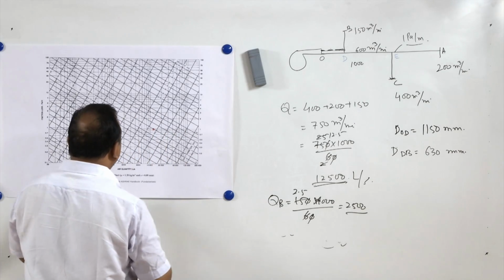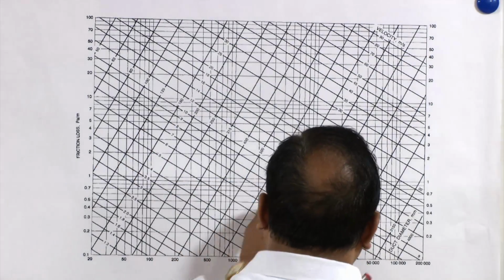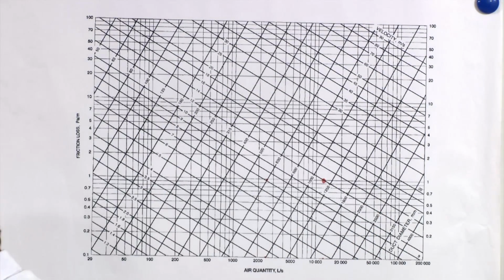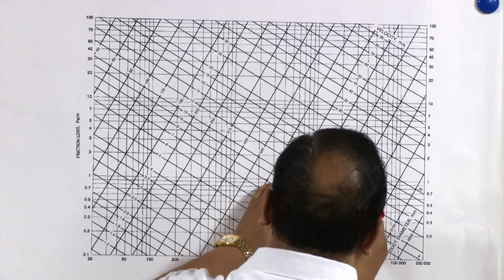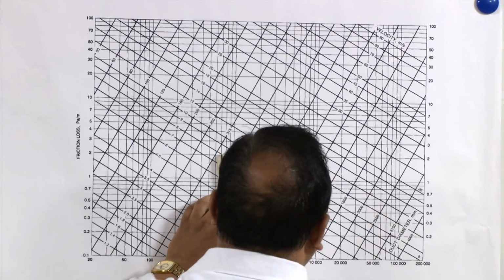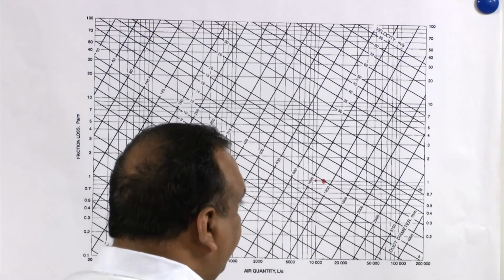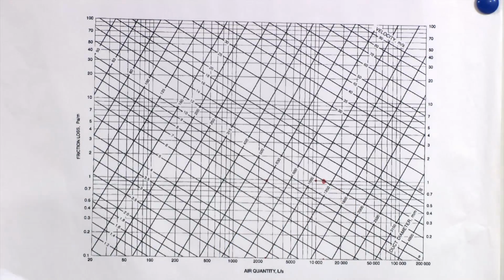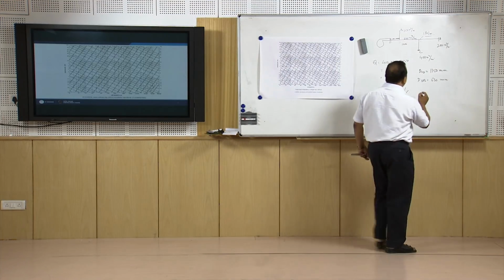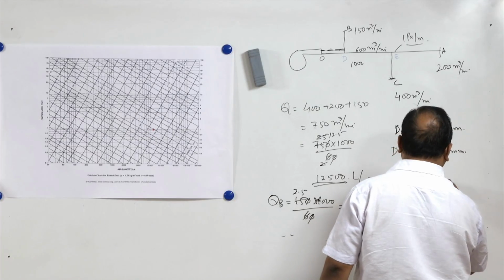So again at 10,000 liters per second we will take the diameter here. It will come straight away, it will come here, around 1050. So diameter of DE is equal to 1050 mm.